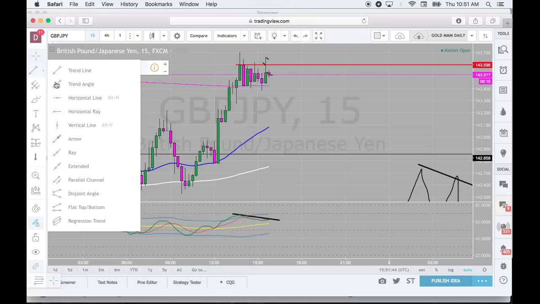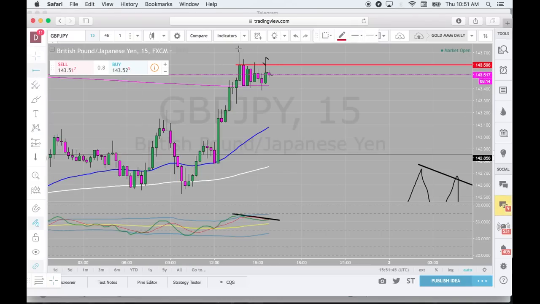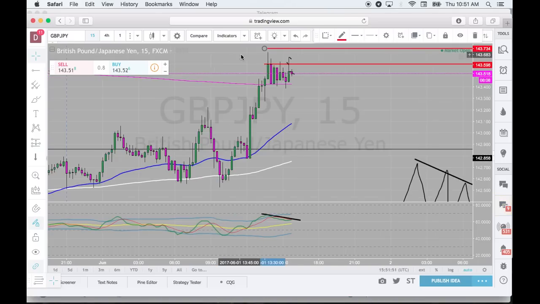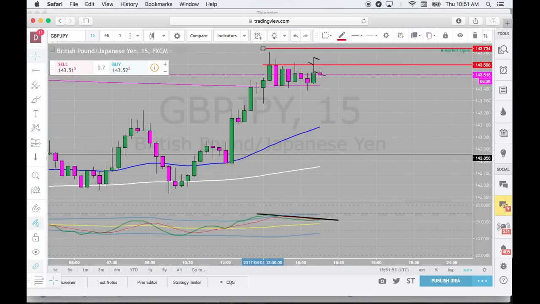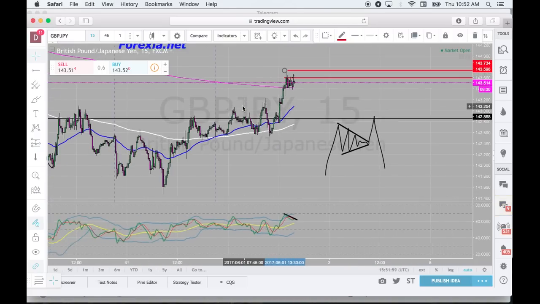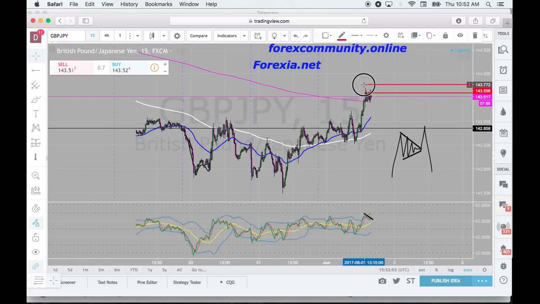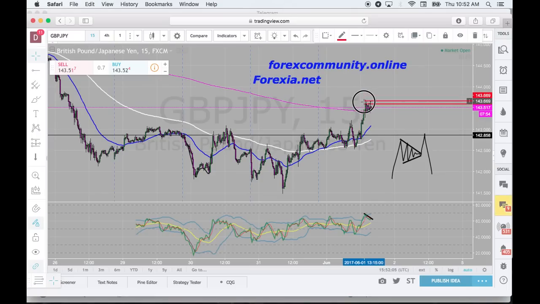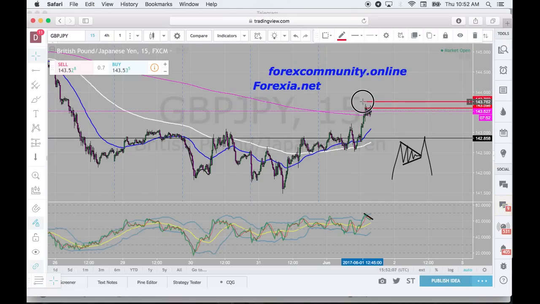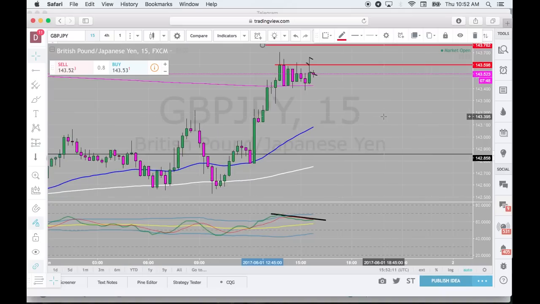I like that you can place your stop loss. In this case, we would be placing our stop loss above the high. So, the high right here is at 143.7. To keep it safe, I think we could place our stop loss right about like 5 to 10 pips above that high.